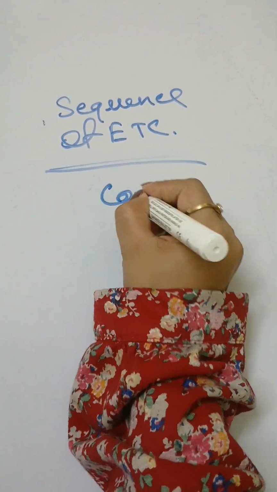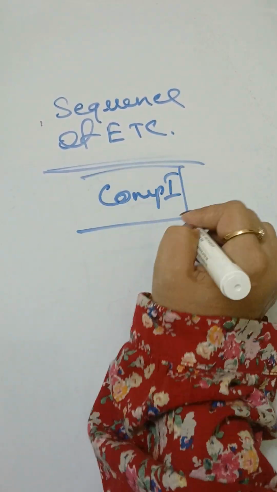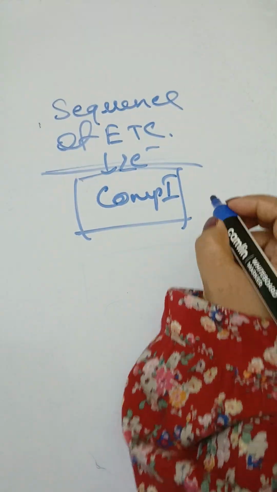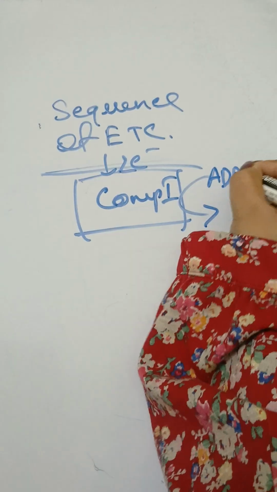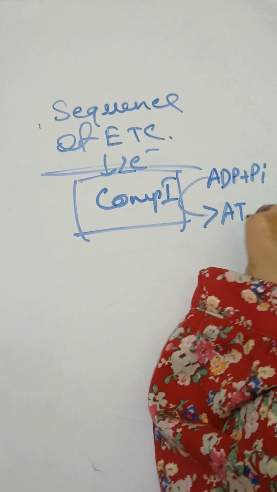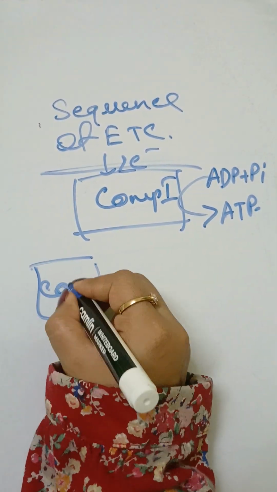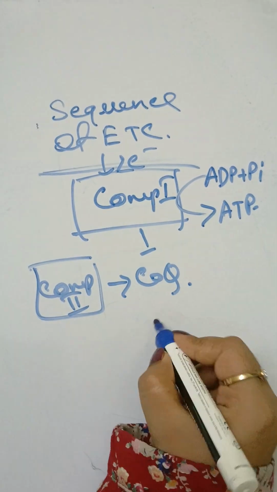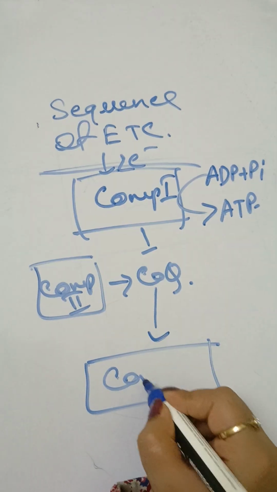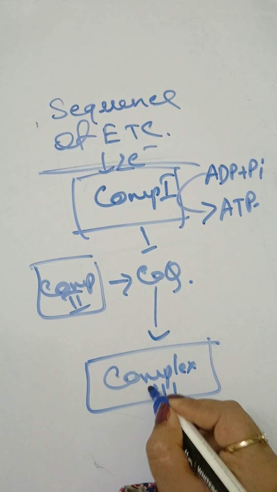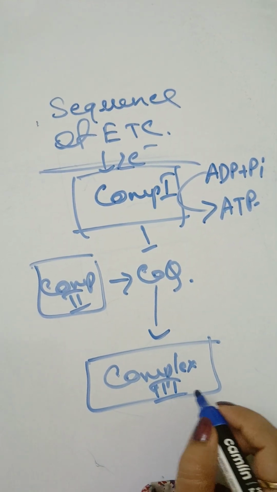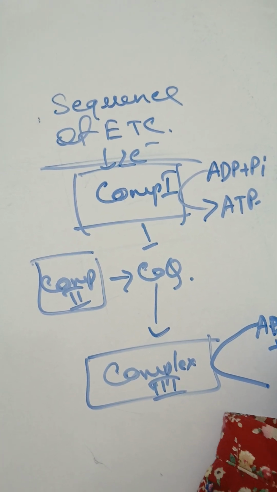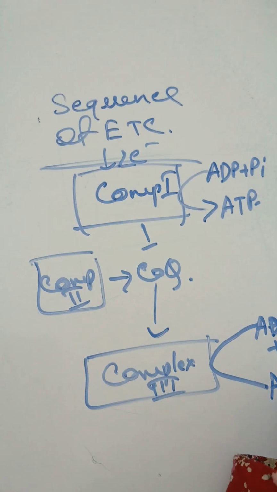From complex 1, when 2 electrons enter from the NADH oxidation, there is production of ATP. Then, with the help of CoQ, the electrons will enter complex 3. In the case of complex 3, again ADP plus Pi will give rise to ATP.